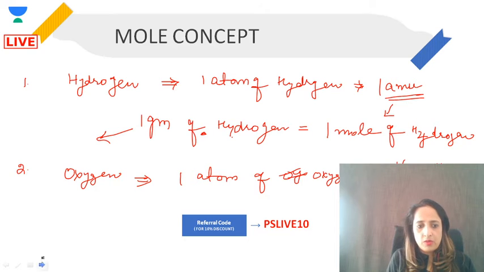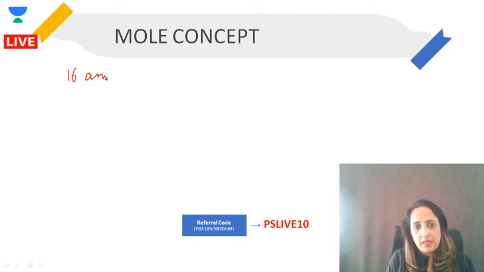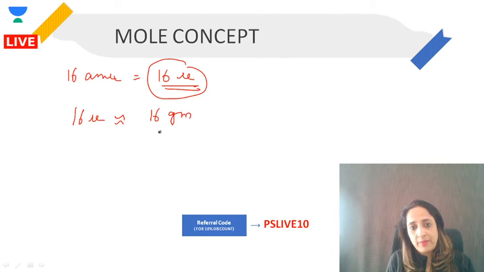16 AMU is equal to 16 U, right? So this 16 U is equivalent to 16 grams of oxygen.